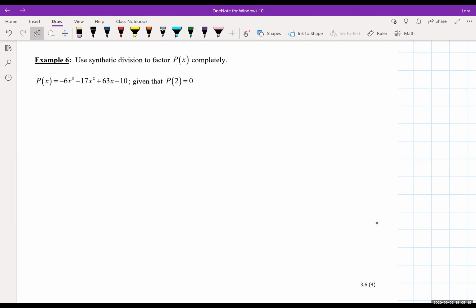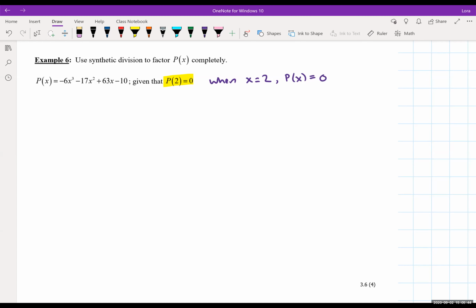The first thing that I noticed is that they are telling us some information about the polynomial, meaning when they say P of 2 equals 0, when x equals 2, your polynomial value equals 0, or we could say P of 2 equals 0.